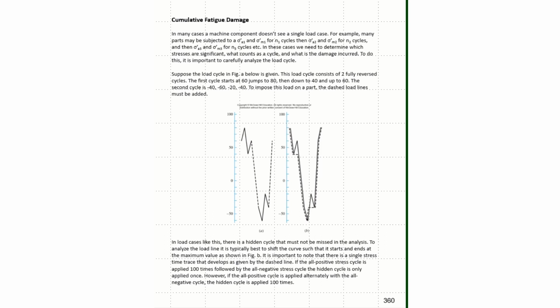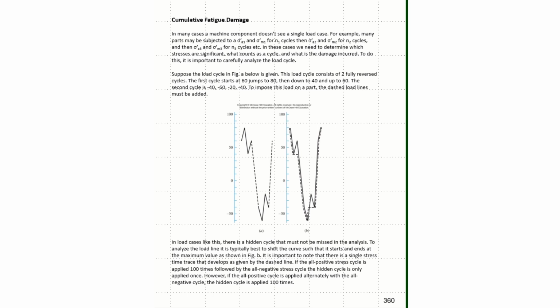For example, many parts may be subjected to an alternating and mean stress for 100 cycles, and then a different alternating and mean stress for 1,000 cycles, and then another set of stresses for another number of cycles. And a part typically may not see just a single mean and alternating stress component.